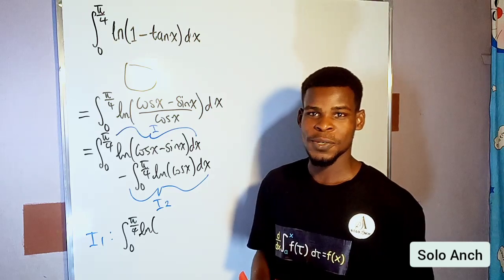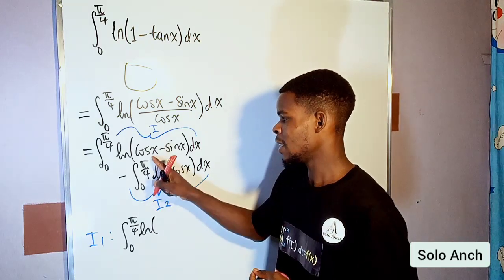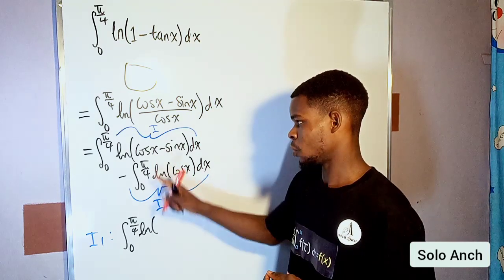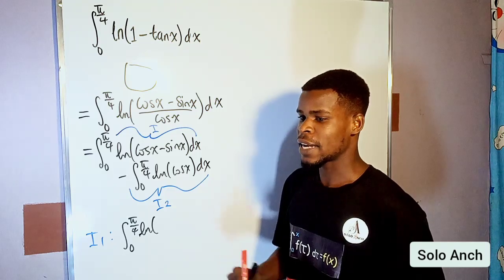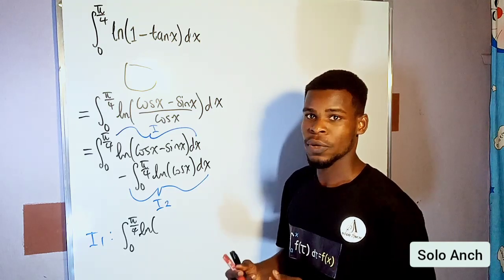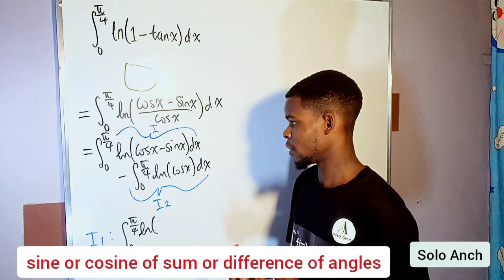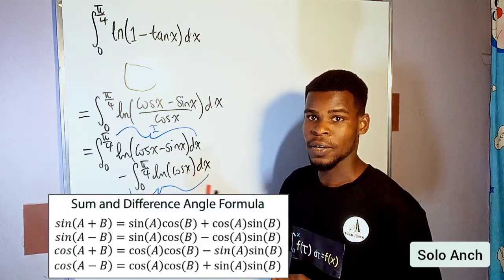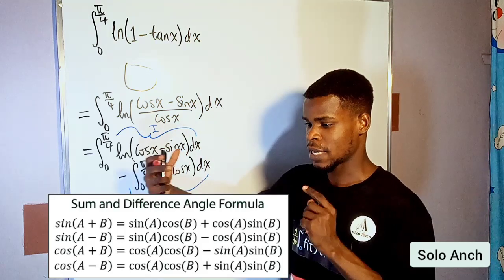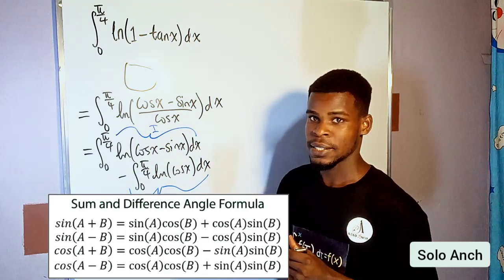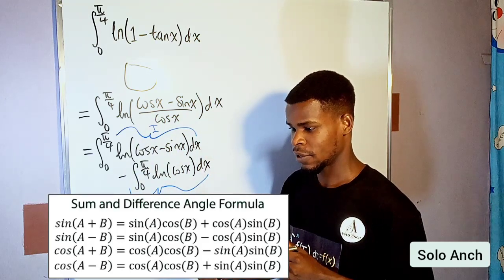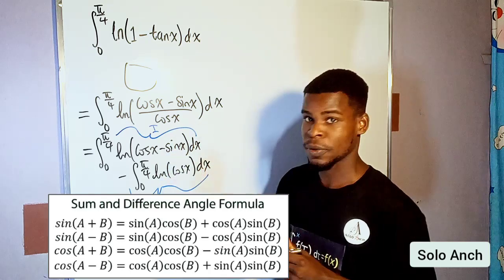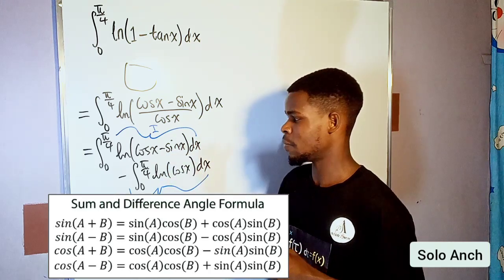I want you to think about this as either sine of multiple angles or cosine of multiple angles. Think about the sine. Sine of a plus b will give us sine a cosine b, and if this was plus, then it will be plus cosine a sine b.